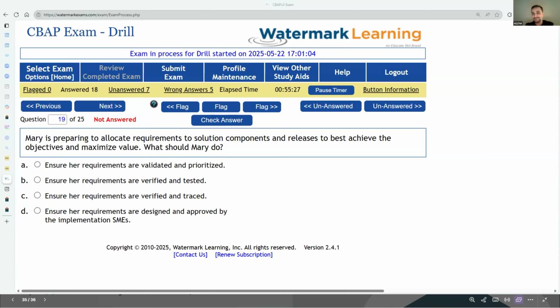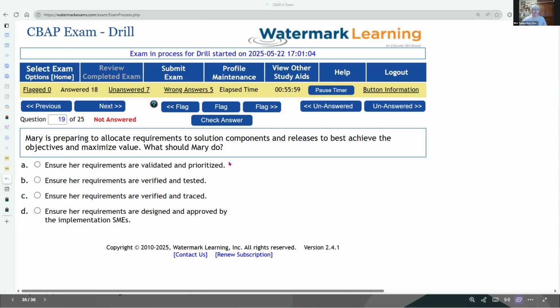We got it wrong at the beginning. It's the third element in which task? Define design options. So for define design options, she's getting ready to do this.